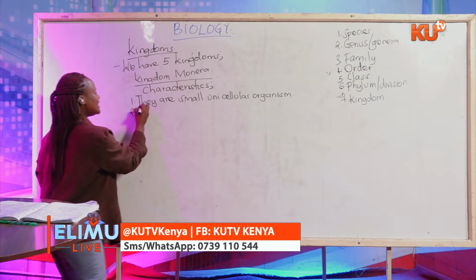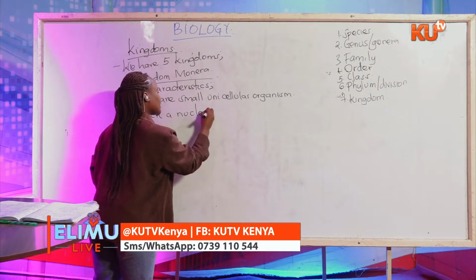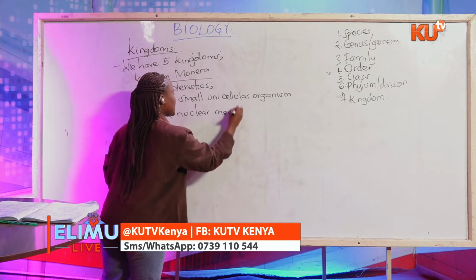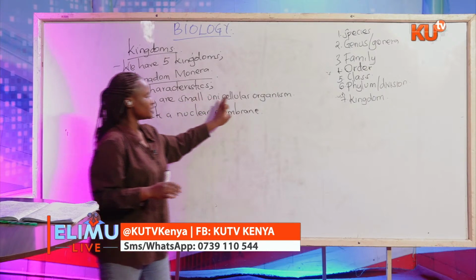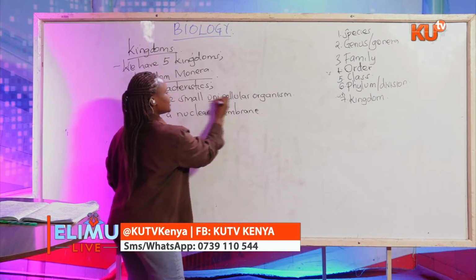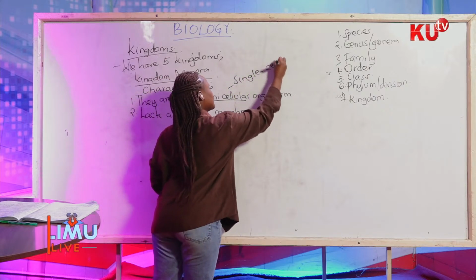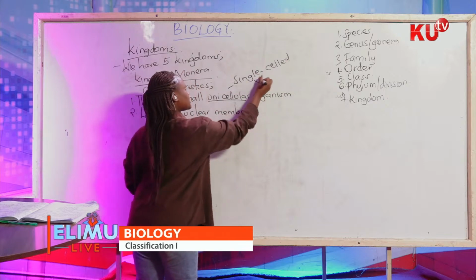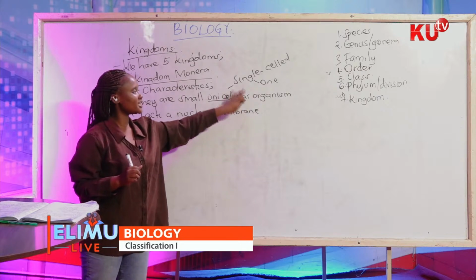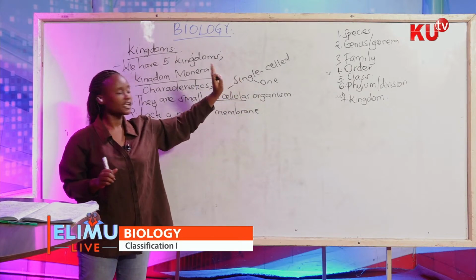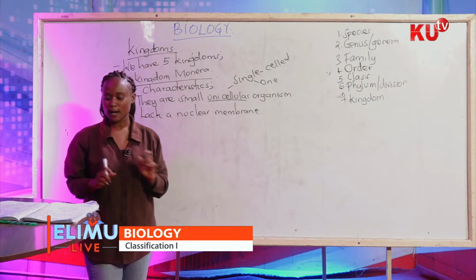Kingdom Monera lack a nuclear membrane. Unicellular means single-celled or one, and then they lack a nuclear membrane.